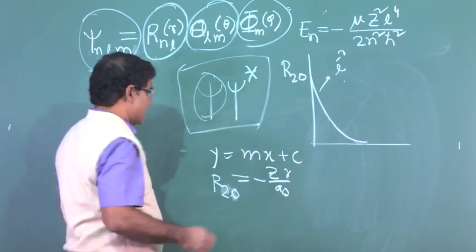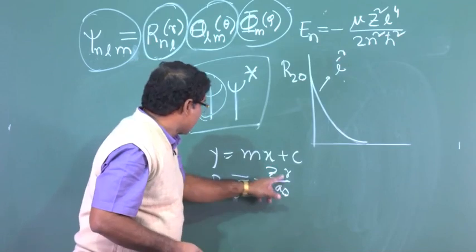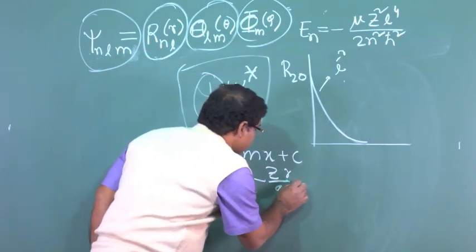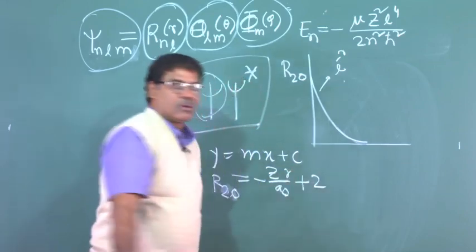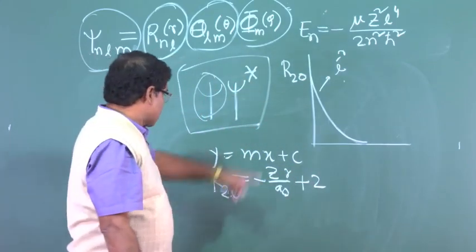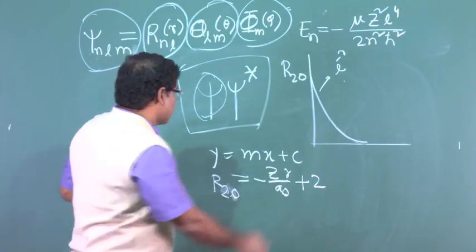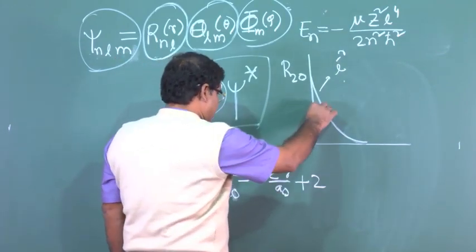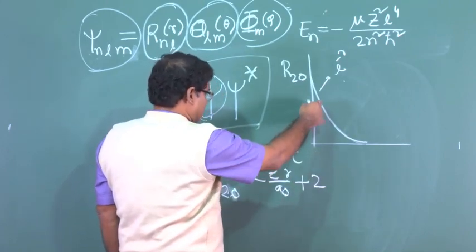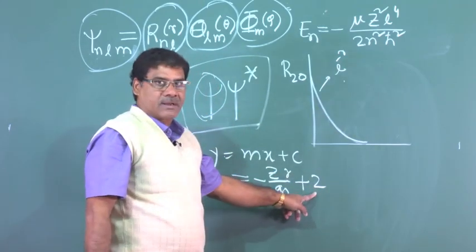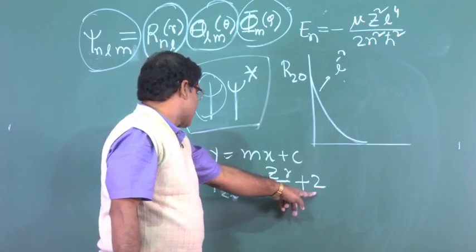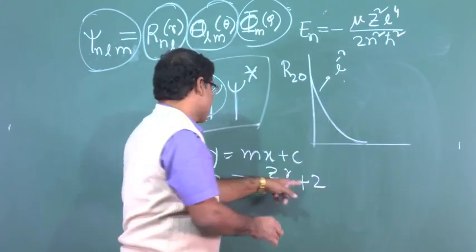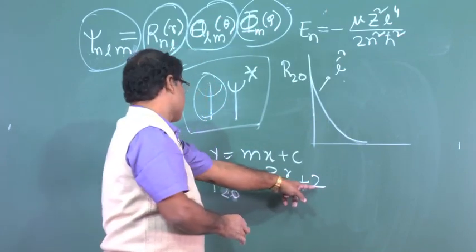So, minus r, so it is mx. This is the negative slope, and plus c means here 2. Okay. So, if you plot this, it will cut the positive y axis at 2, for r equal to 0, c is 2.